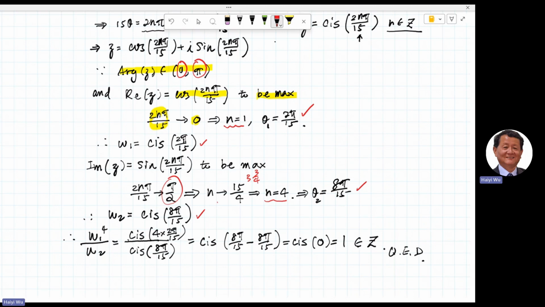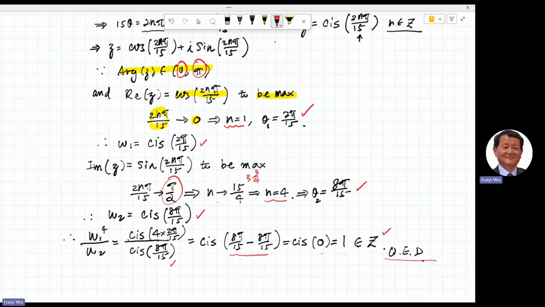Now we do the division. W1 to the power 4, using de Moivre, is cis of 4 times 2 pi over 15, divided by cis 8 pi divided by 15. You can see those two are exactly the same, so it becomes cis 0, and cis 0 is 1. Therefore, it belongs to the integers.